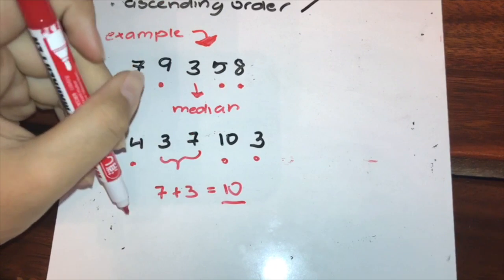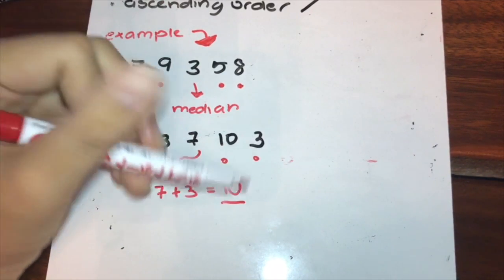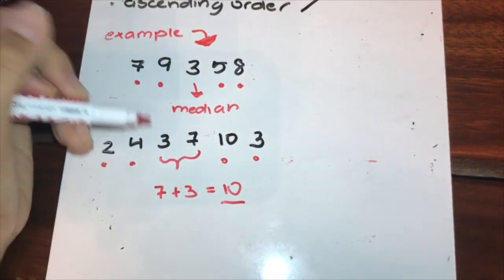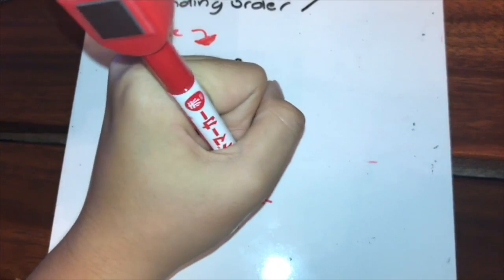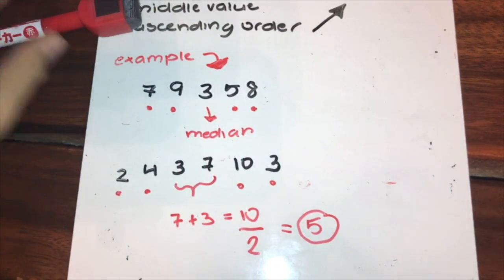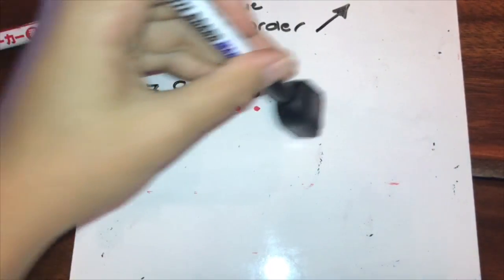You add these together, it's 10, and then you divide it by the total number of values, which is 2. So your median is 5. And that's your answer. Next we'll be doing mode.